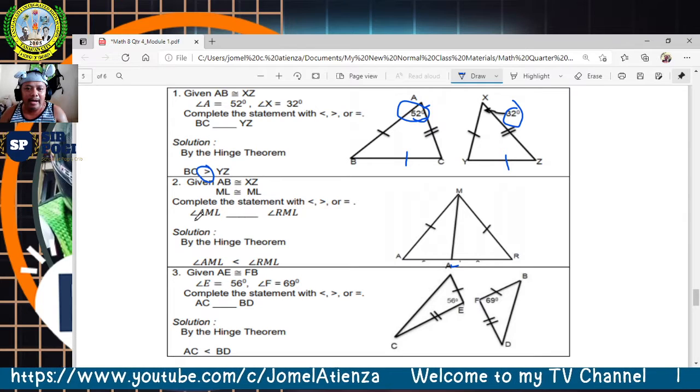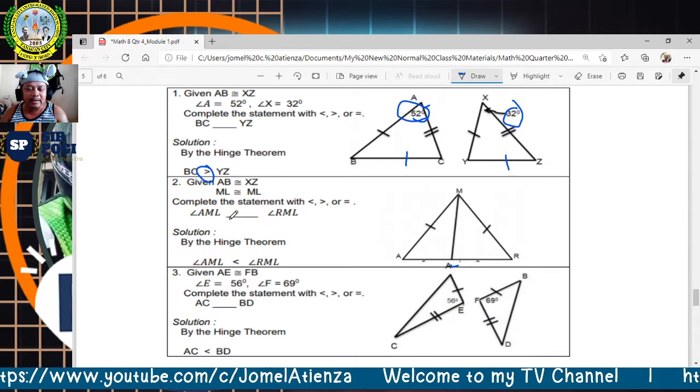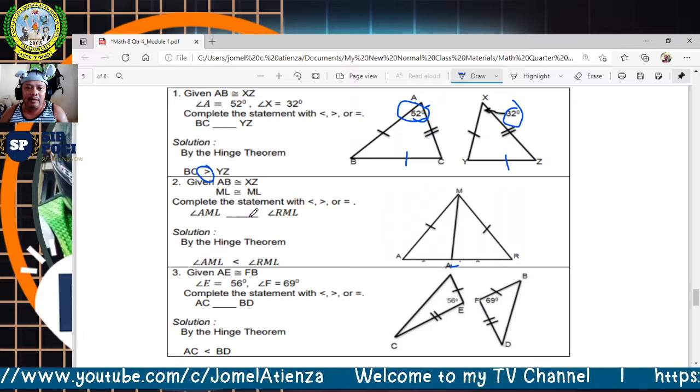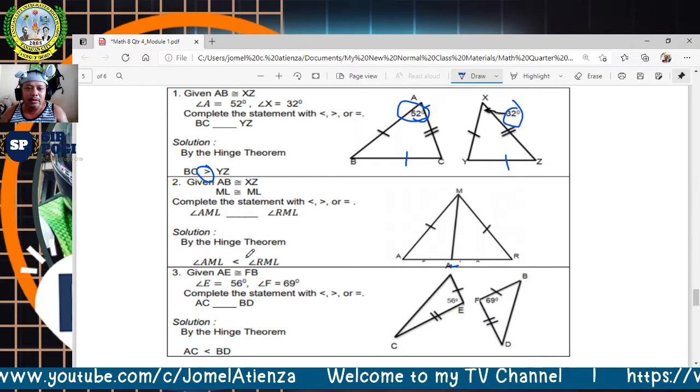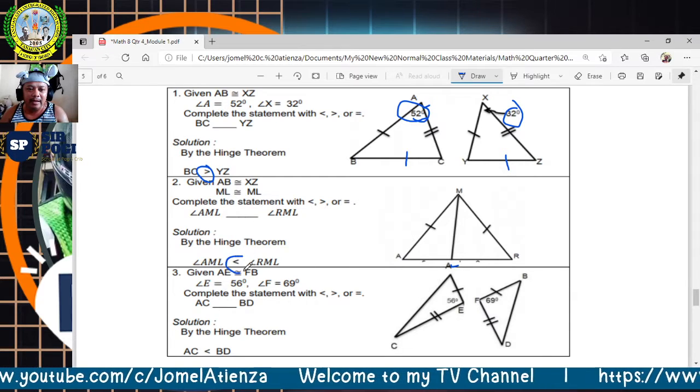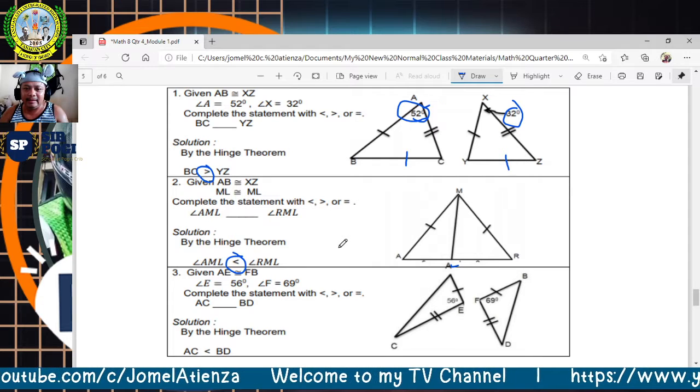So therefore, is AML greater than, less than, or equal? By the hinge theorem, that is less than.